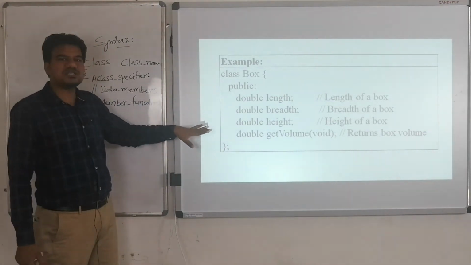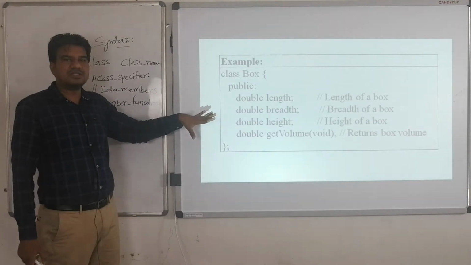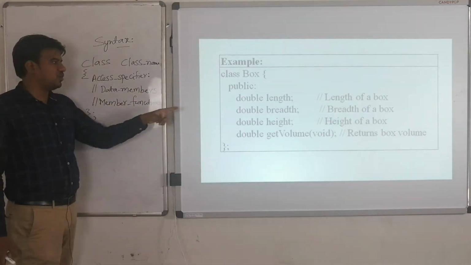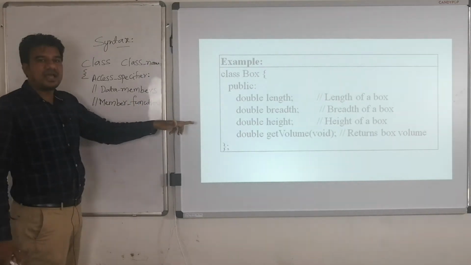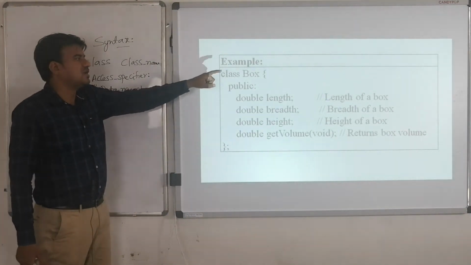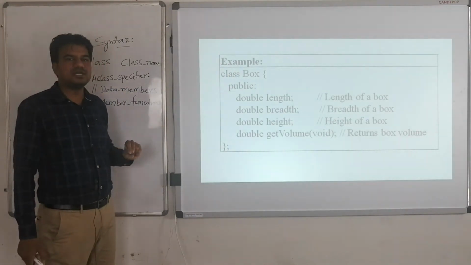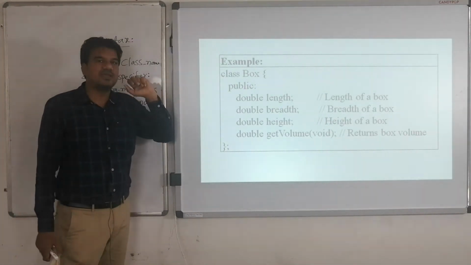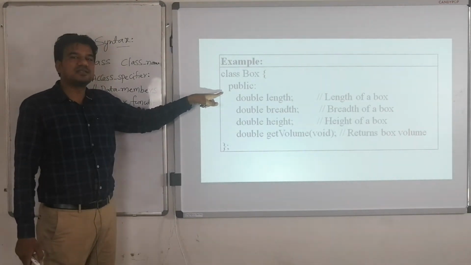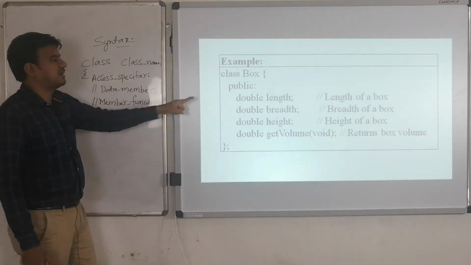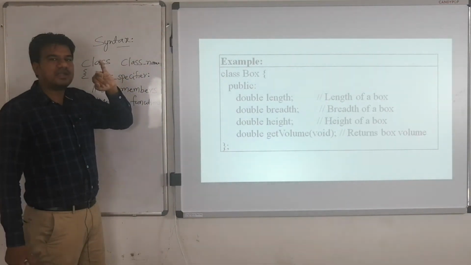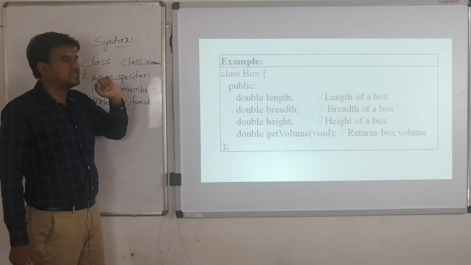So this is my class definition. In programming, we'll see it in detail. When writing the class definition, I'm following the syntax: the keyword class followed by the class name. My class name is box, and then the open curly bracket, and this public is nothing but your access specifier. We have three access specifiers in C++: public, private and protected. We will see that in detail.